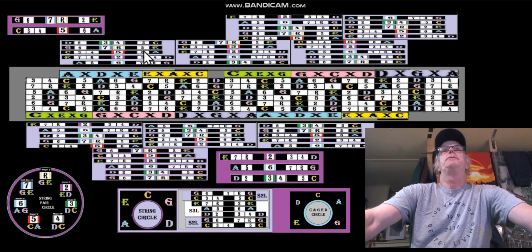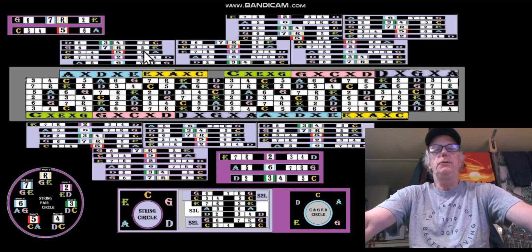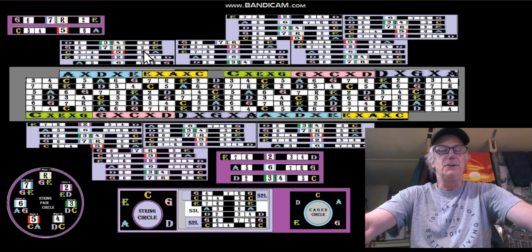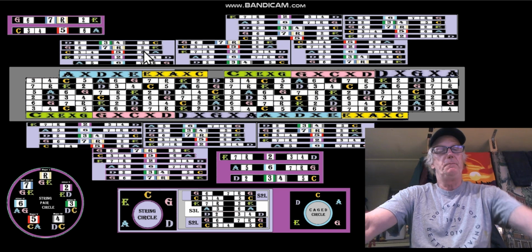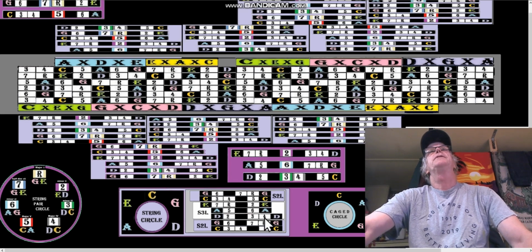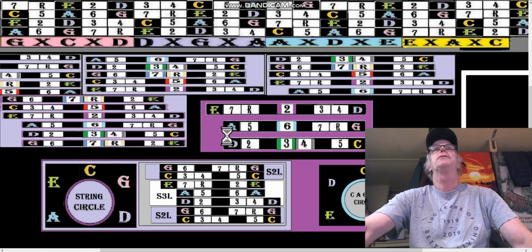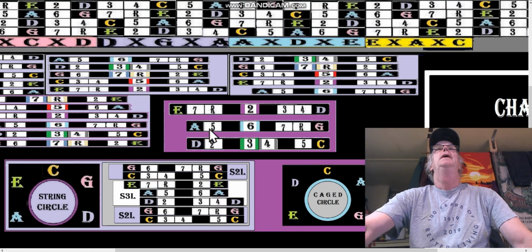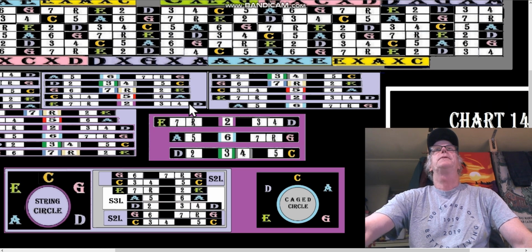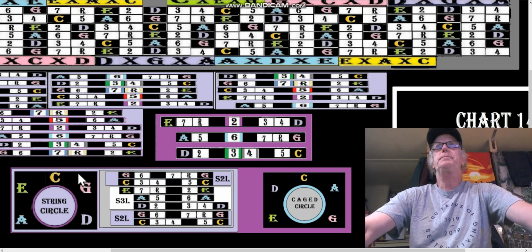Once the charts are perfected, they're completely useful. I was going to say completely useless, completely useful. For instance, this little part down here where we have the string circle and the cage circle didn't just happen on the first time.